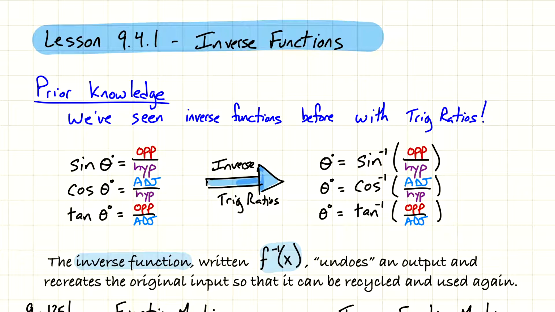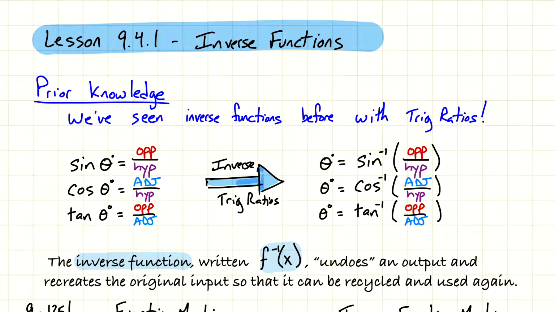Some prior knowledge that you should be thinking of is our trig ratios. The couple things to point out about our trig ratios is that when we were using our sine, cosine, tangent, we would always give it an angle, some degree, and it would give us as an output the ratio.